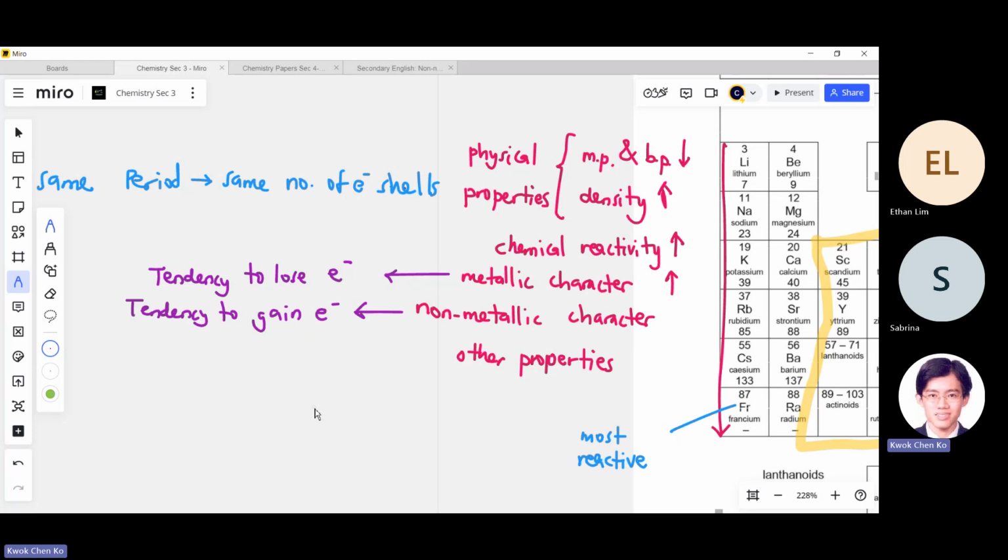Okay, I hope you can realize it means non-metallic character is the opposite. As you go downwards, non-metallic character decreases. So I repeat, these two are always in contrast.